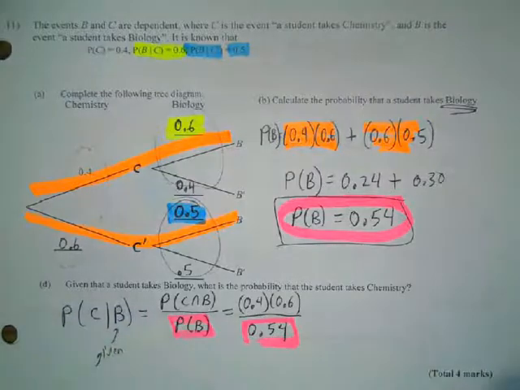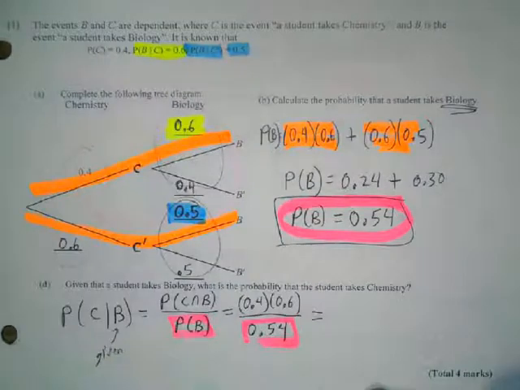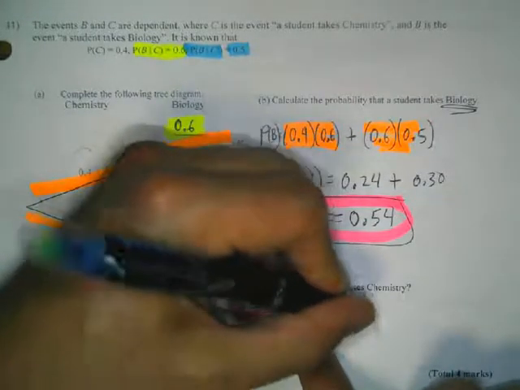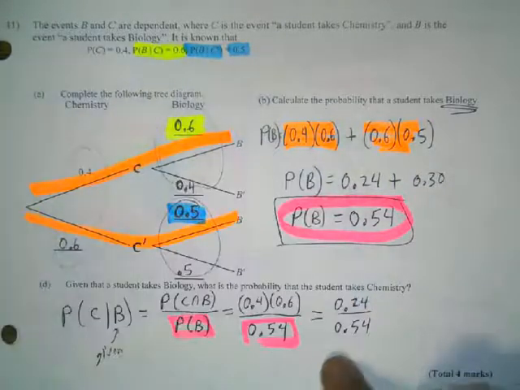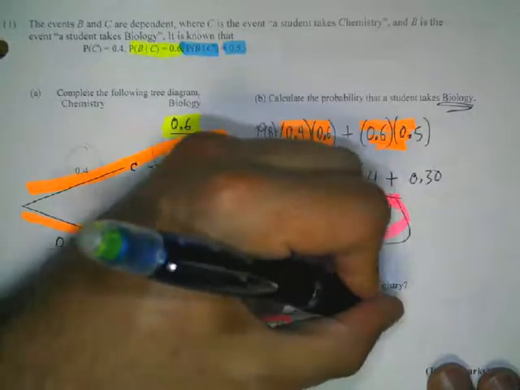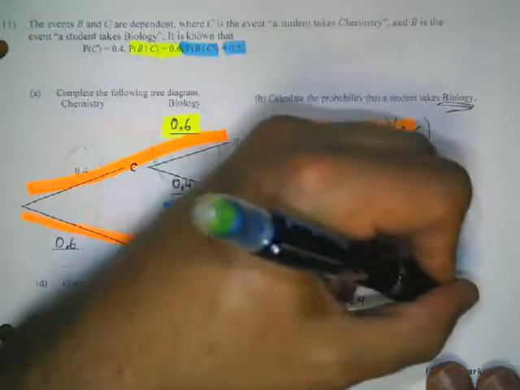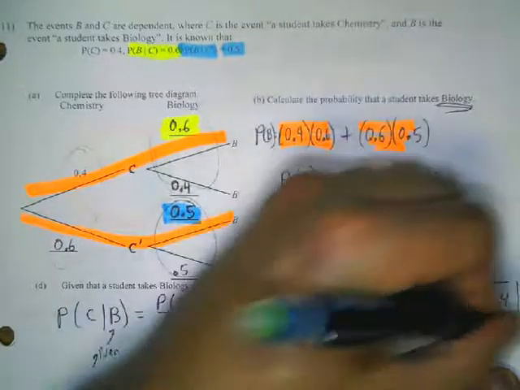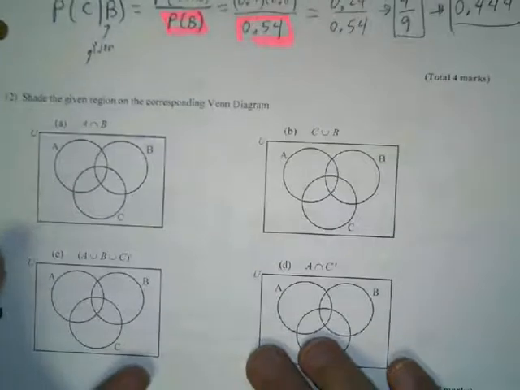And so we simplify this, and we get 0.24 divided by 0.54, and you could leave this as a simplified fraction, which is 4/9, or you could leave this as a decimal, which is 0.444 to 3 significant figures.